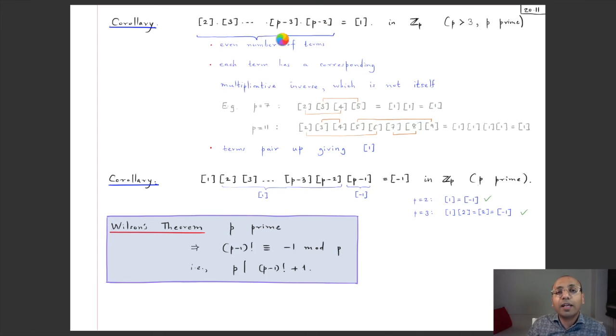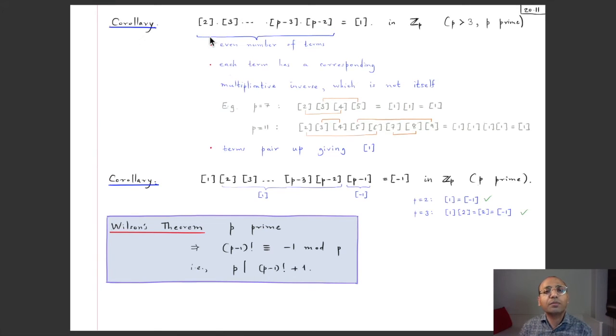And the multiplicative inverse of any of these elements is not the equivalence class containing P minus 1 either, because if that were so, that would mean that the multiplicative inverse of P minus 1 would be one of these elements, but we know that the multiplicative inverse of P minus 1 is itself, and we know that multiplicative inverses are unique. So the multiplicative inverse of each of these elements, which does exist, has to again appear in this list because it can't be 1 or P minus 1.